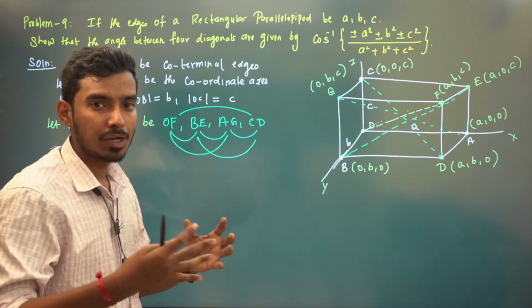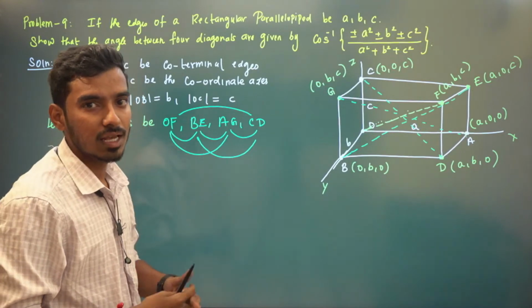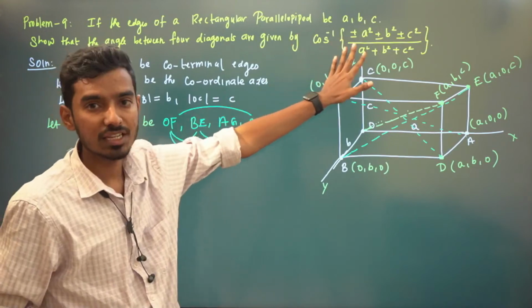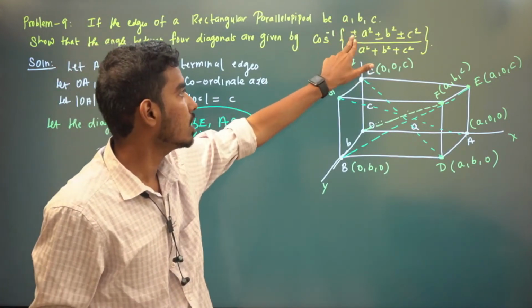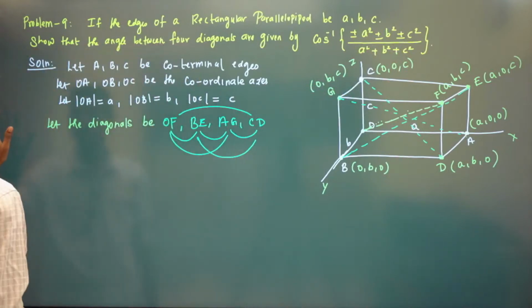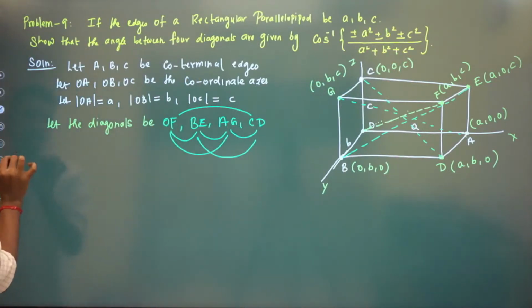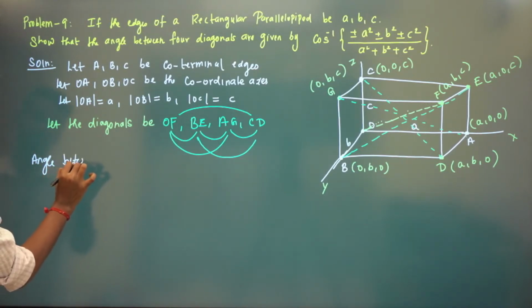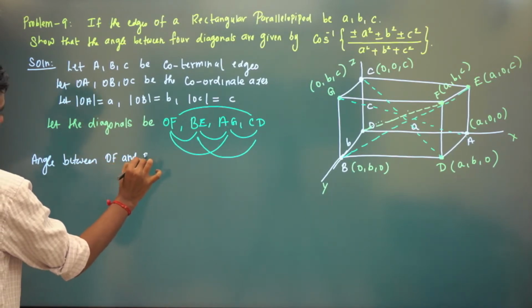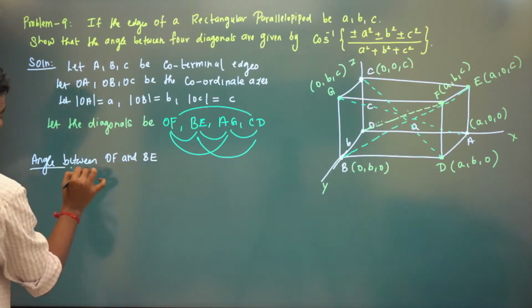You need to find the angle between all those six possible cases, and you need to show that all these six angles are of this type only. It can be plus or it can be minus here, right? So first we will find the angle between OF and BE.